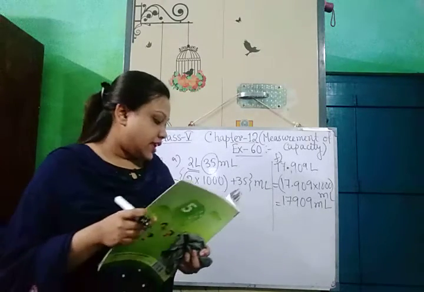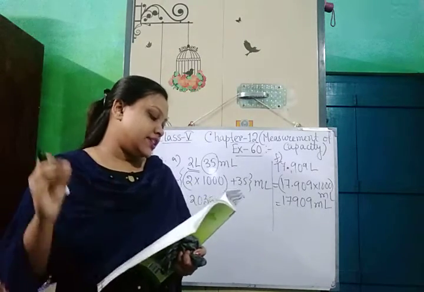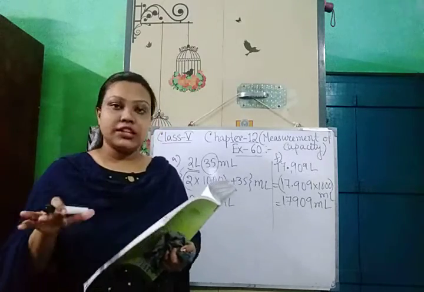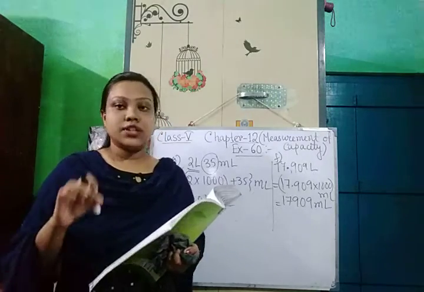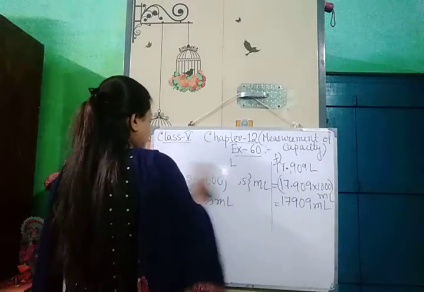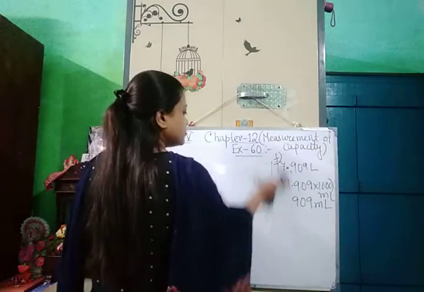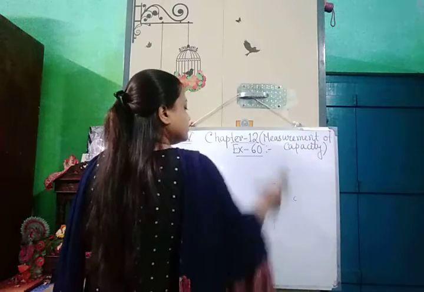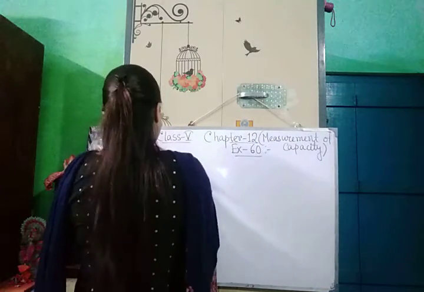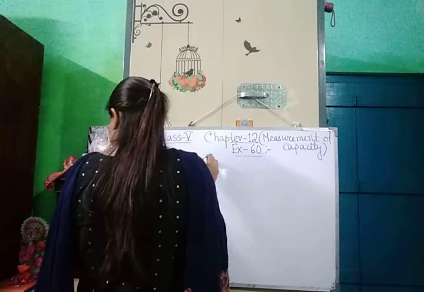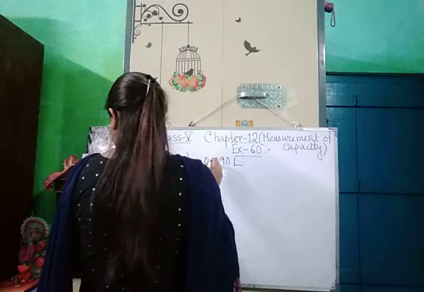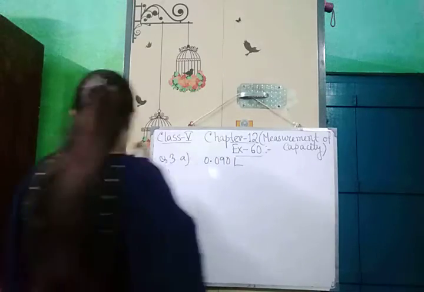Okay. Next, question number 3 is convert into liters and milliliters. First we converted to liter, then to milliliter, and now in question number 3 we have to convert into liter and milliliter. How can we do this one? I am doing A, which is 0.090 liter. We have to convert it to liters and milliliters.